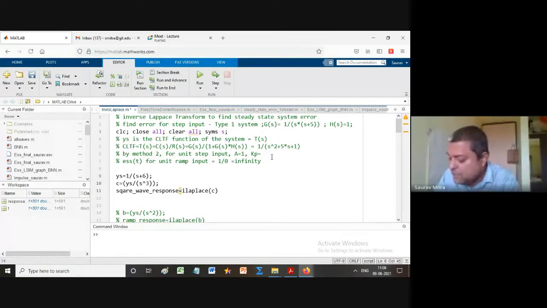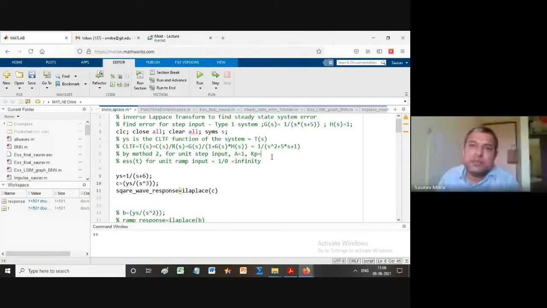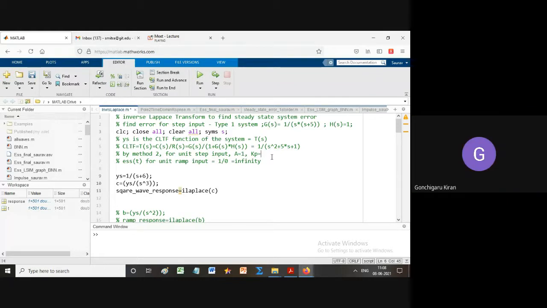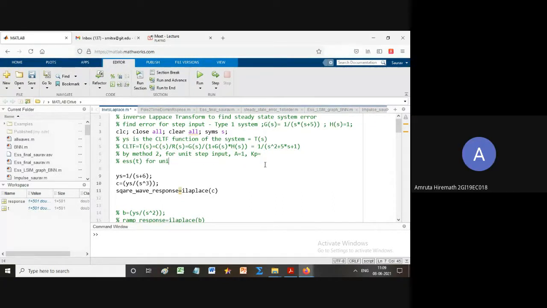So Kp is limit s tends to 0, 1 by s into (s plus 5). Can anybody tell me what is the Kp value? Infinity. Just tell me this much, it is a matter of two seconds. Limit s tends to 0 of G(s)H(s), you can tell just by looking at it. How much is the Kp value? Infinity, sir. Infinity. Very good.